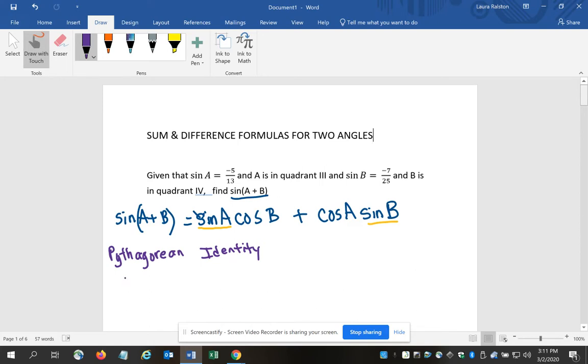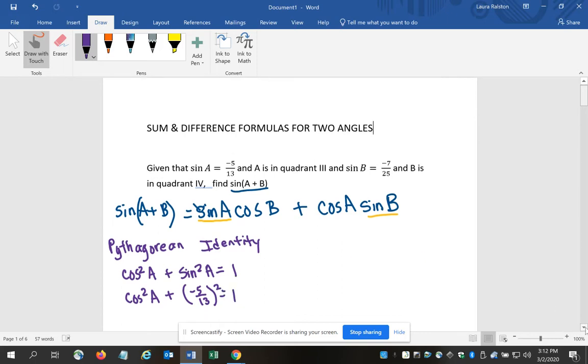Remember, my Pythagorean identity is the cosine squared of angle A plus the sine squared of angle A is equal to 1. I know the sine value, so I'm going to plug that in. So I have cosine squared A plus -5/13 squared, and that equals 1 whole.